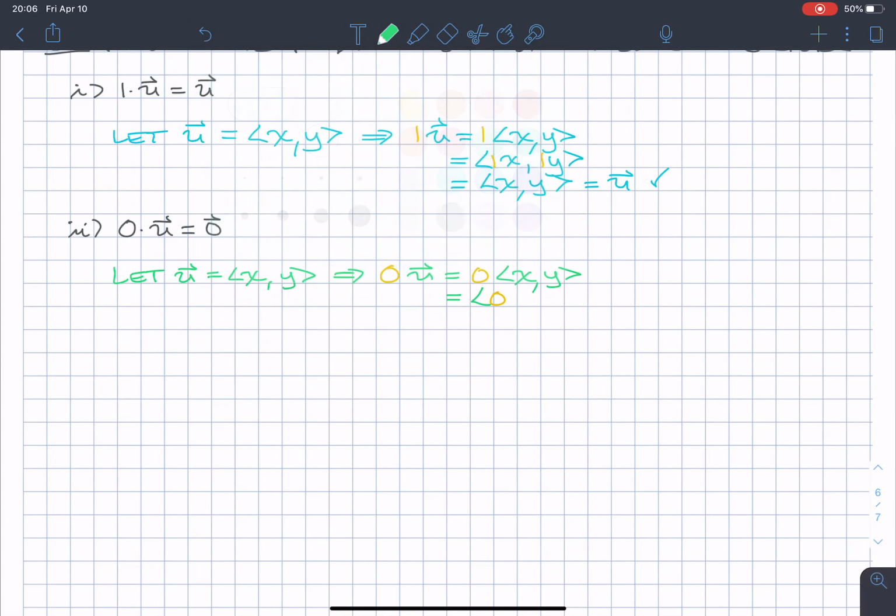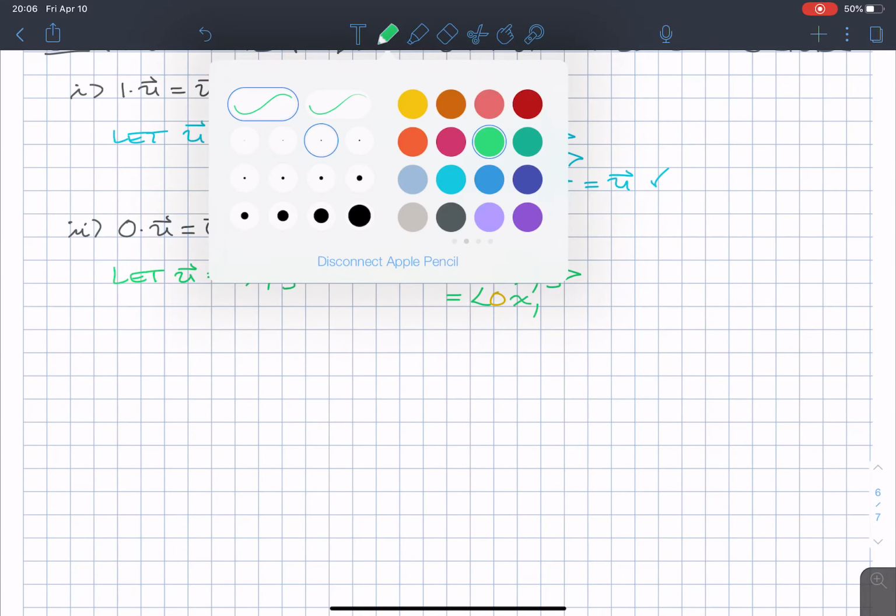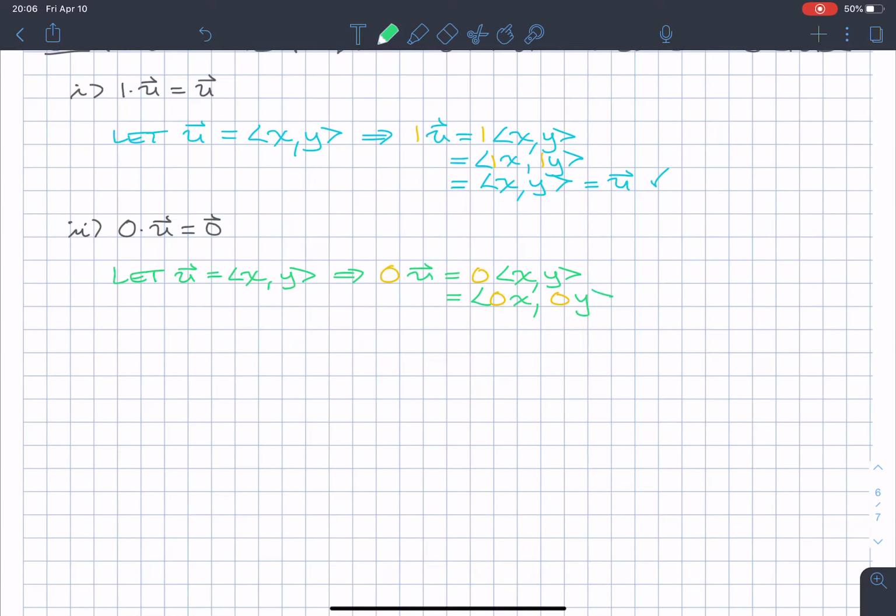So 0 times x comma 0 times y, and 0 times any real number is 0, so it says 0, 0. And notice 0, 0 is the 0 vector, not the number 0. So check mark, we do get the 0 vector.